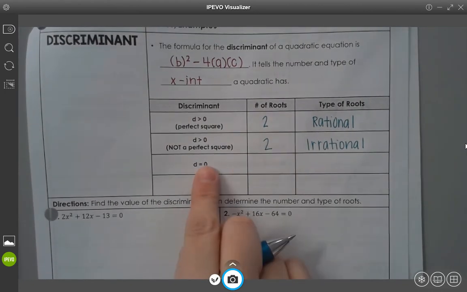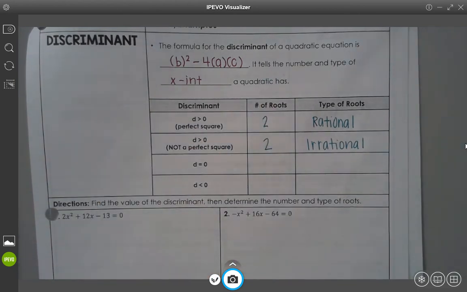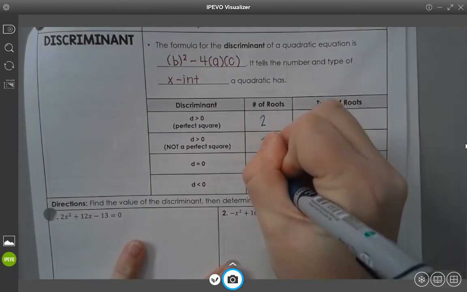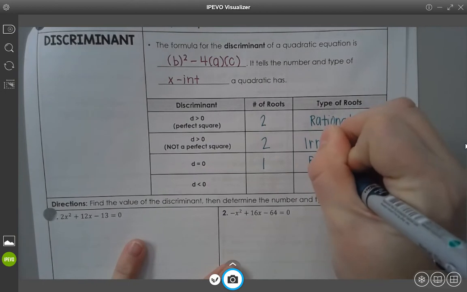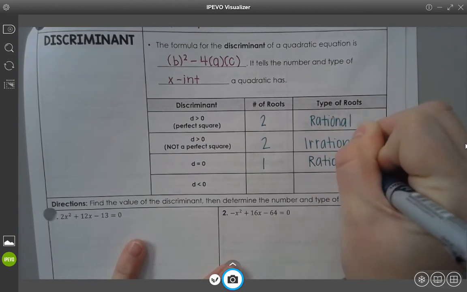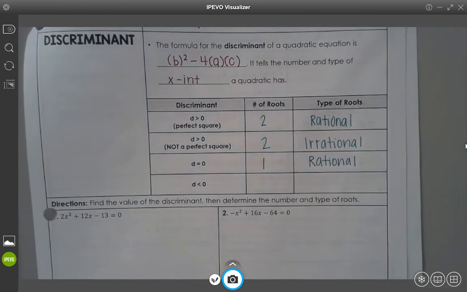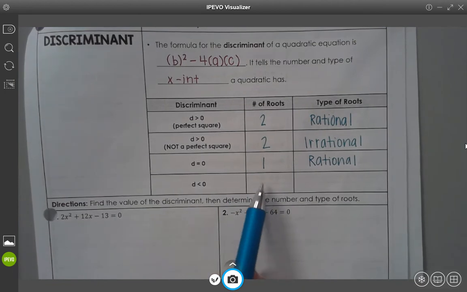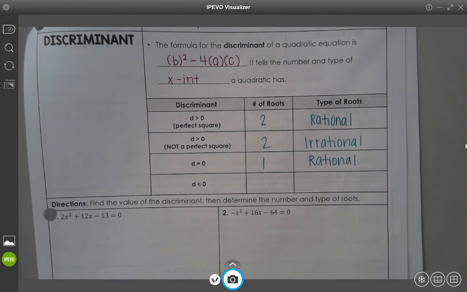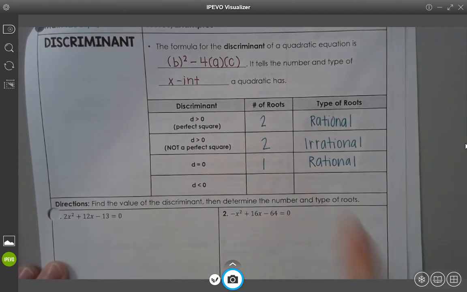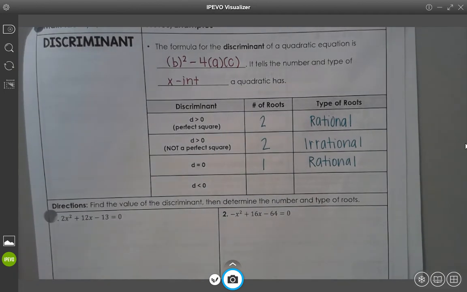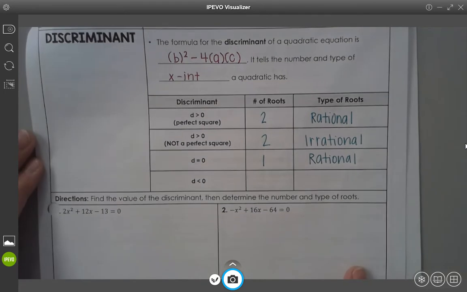If your discriminant equals 0, so when you fill in the formula, you get 0, it has 1 rational. This would be an example like when you did the quadratic formula, when you use the plus and when you use the minus, you get the same number. So this is one where your quadratic sits on that x-axis. So the vertex is on the x-axis.